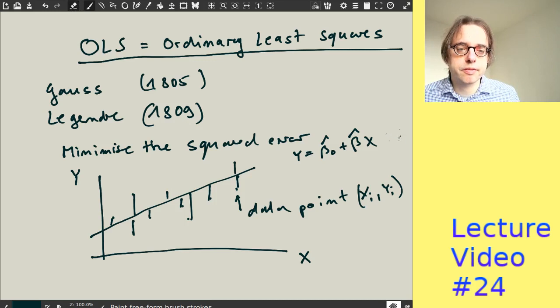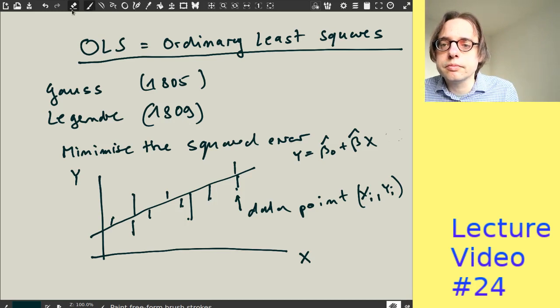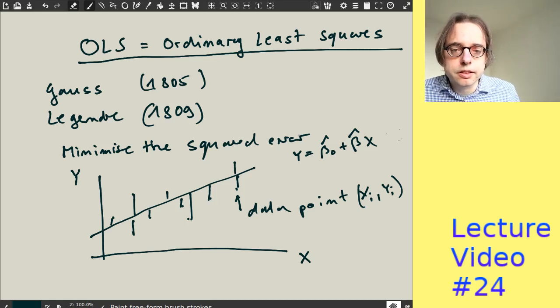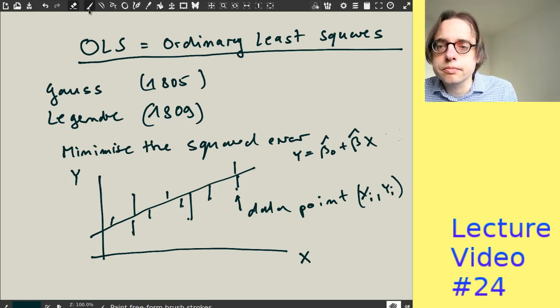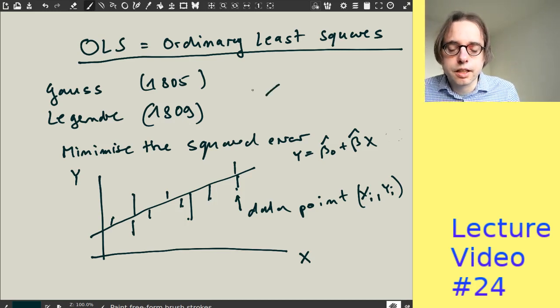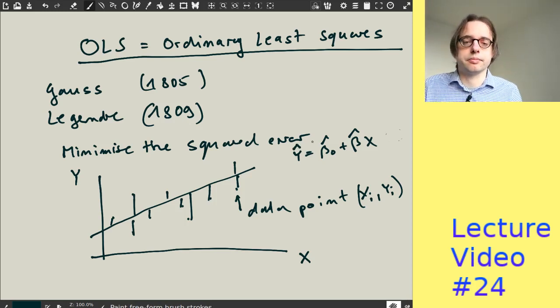So this thing then becomes the predicted value for x.